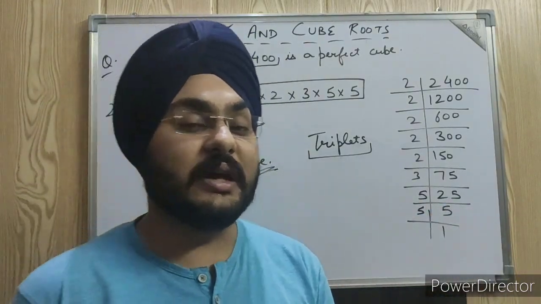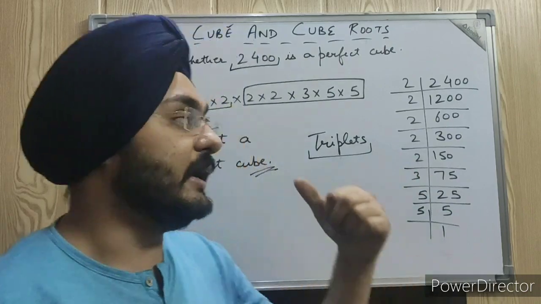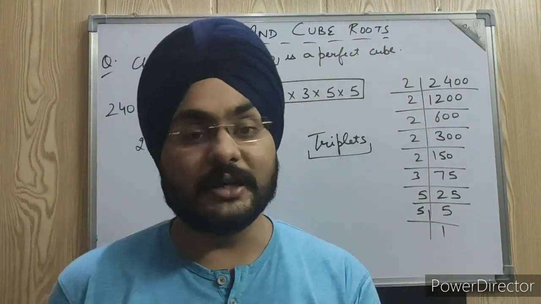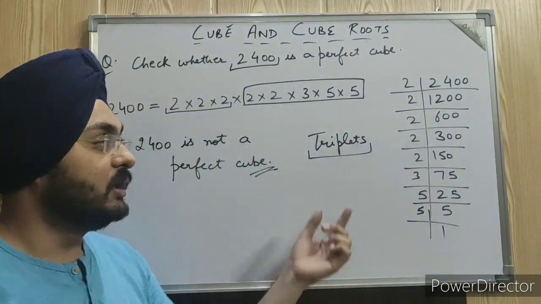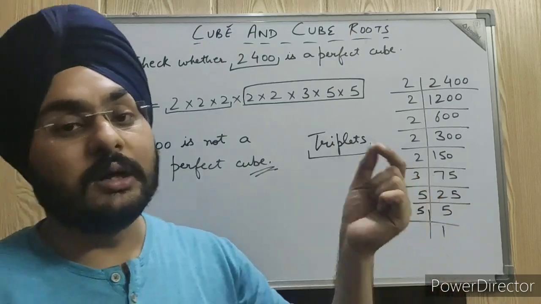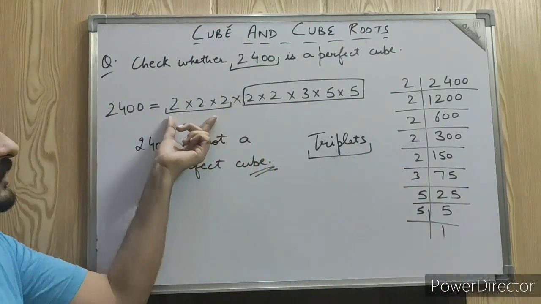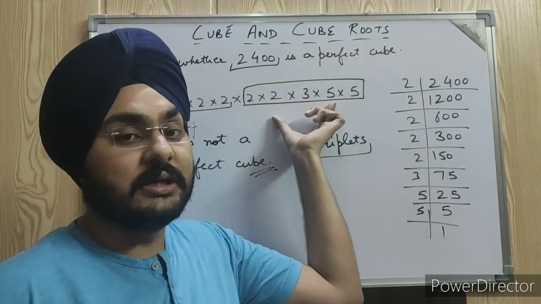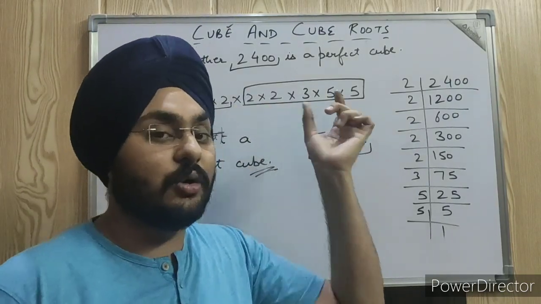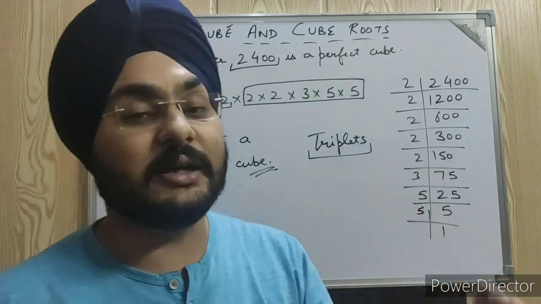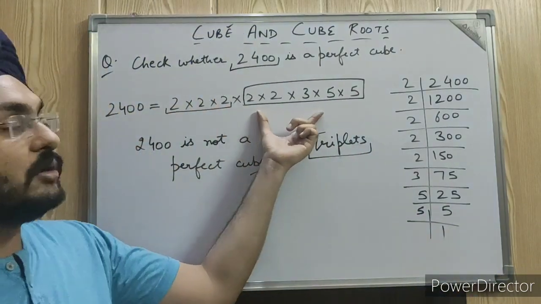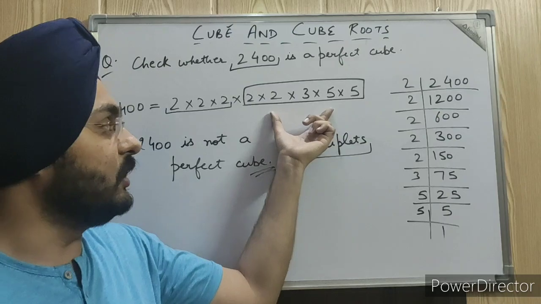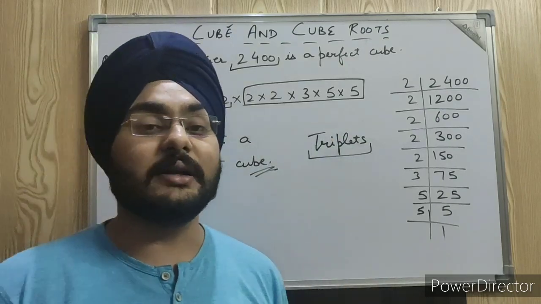In square roots we find just the pairs, and here we will find the triplets only. Triplets mean the group of 3 equal numbers. If all the triplets are formed, only then I can say it is a perfect cube. But here not all the triplets are forming, so I'll say it is not a perfect cube.